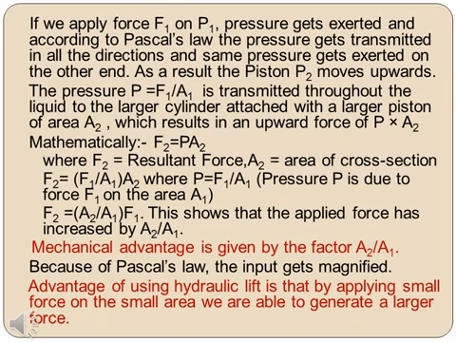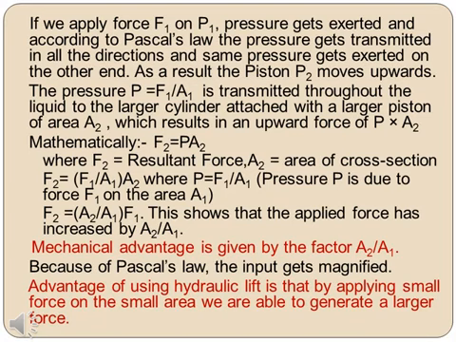So, F2 is equal to A2 by A1 into F1. This shows that the applied force has increased by the factor A2 by A1. So, its mechanical advantage is A2 by A1.